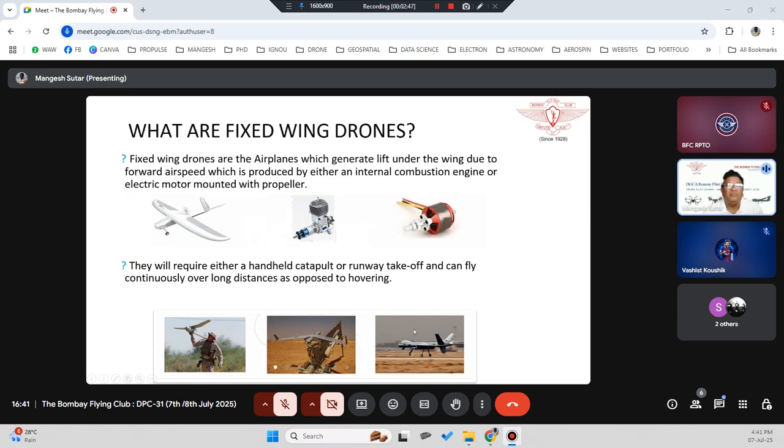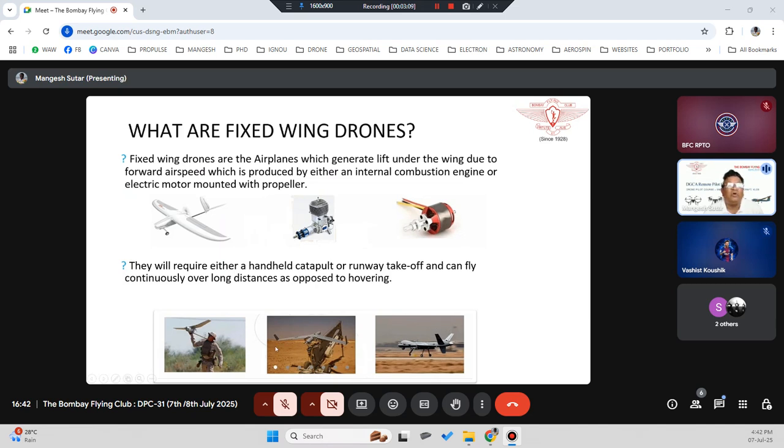Like you must have seen in Afghanistan, or with Bin Laden, who was killed. At that time there were two drones of this type flying over that area and giving guidance.